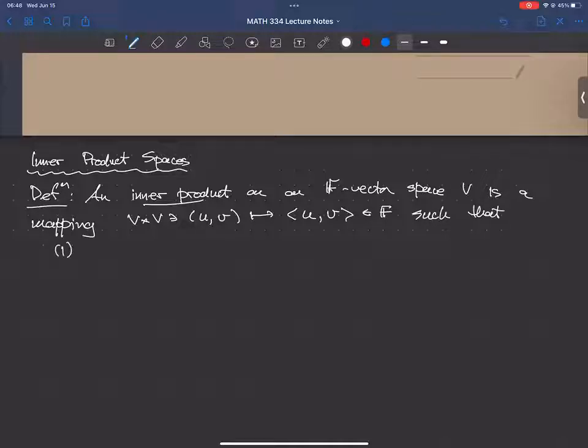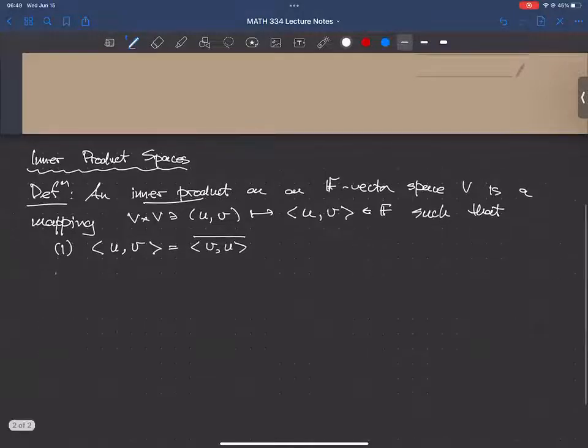Okay, so the conditions are that if I take the inner product of u and v, and I swap the entries, I don't get the same thing back, but I conjugate it. And so in the special case when F is equal to R, this is equality without the conjugation. In that case, it's just the identity.